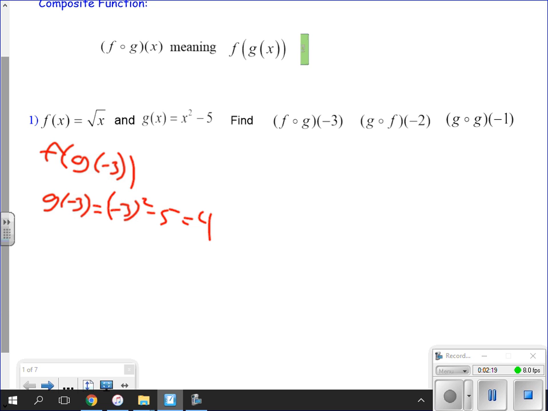So g of negative 3 is 4, so I want to find f of that. That means I'm looking for f of 4. I plug 4 into f. f of 4 is the square root of 4, which is 2. So what is f of g of negative 3? It's 2.